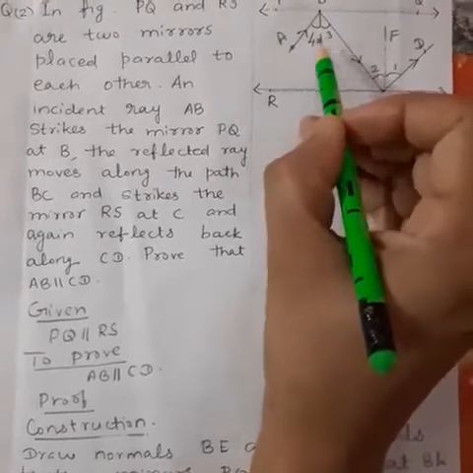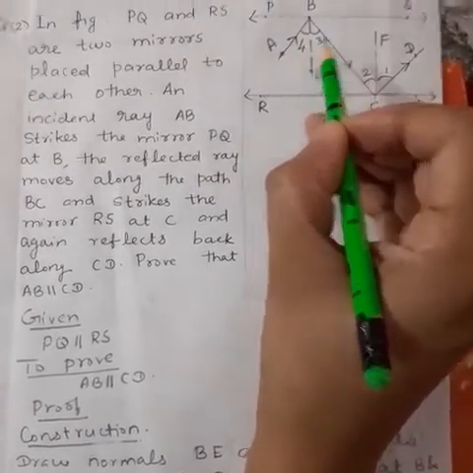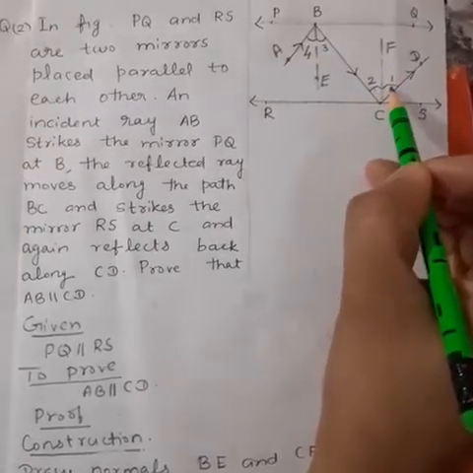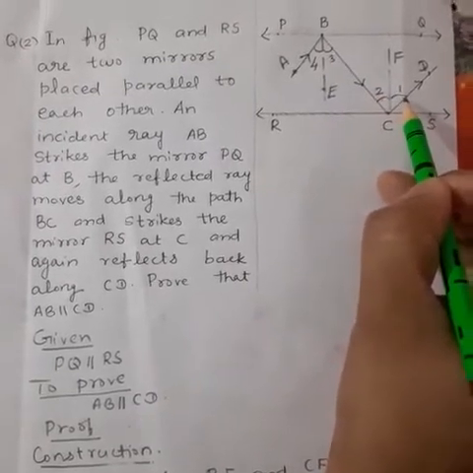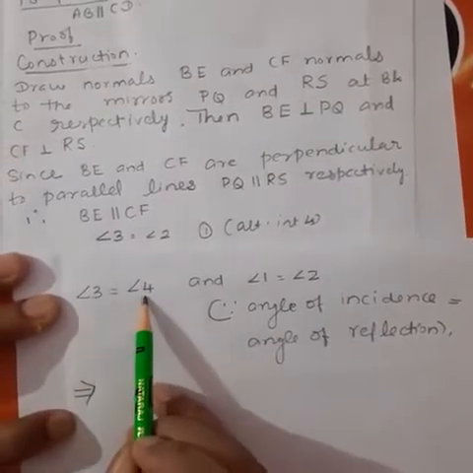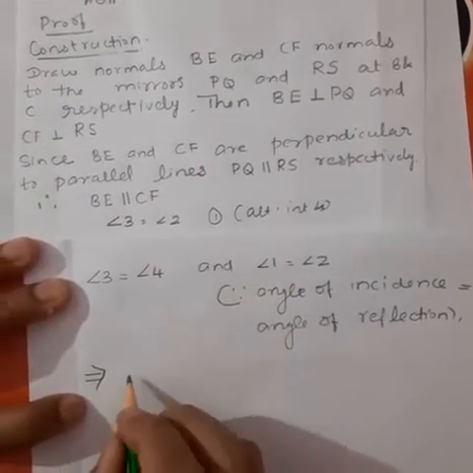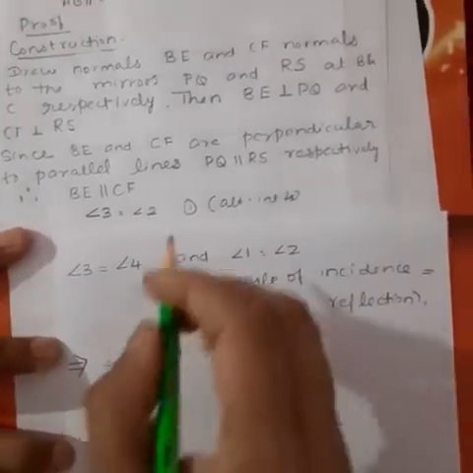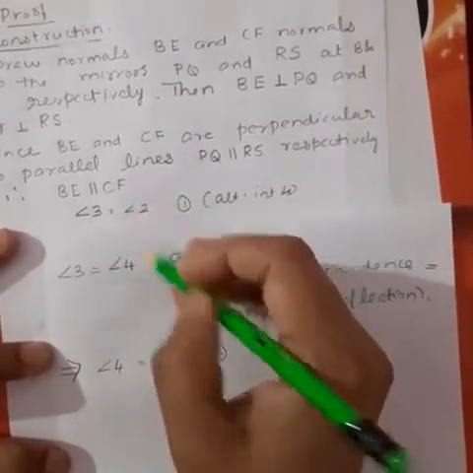Now angle 3 is equal to angle 4 because the angle of incidence is equal to the angle of reflection. In the same way, angle 2 is equal to angle 1, angle of incidence is equal to angle of reflection. Since angle 3 is equal to angle 2, angle 3 is equal to angle 4, and angle 1 is equal to angle 2, we can write angle 4 is equal to angle 1. Now we will add these two equations. We have to add LHS to LHS and RHS to RHS.